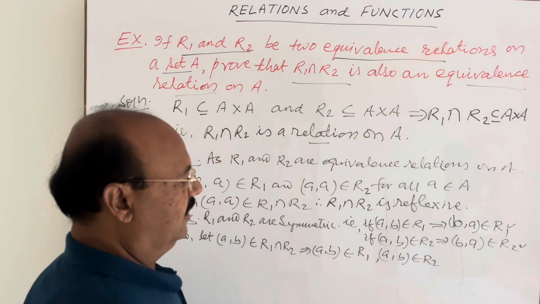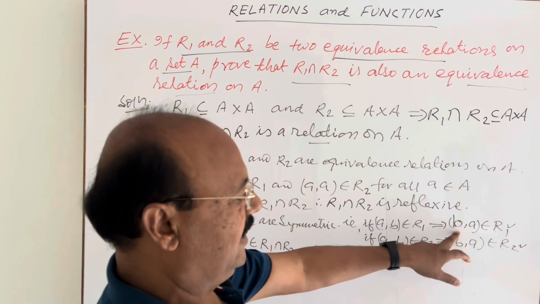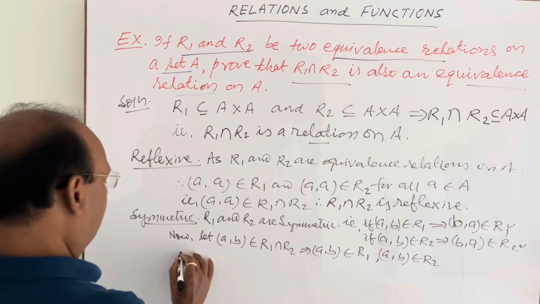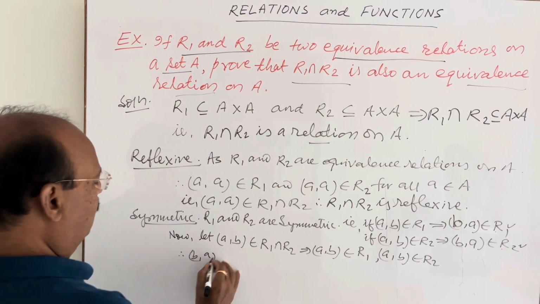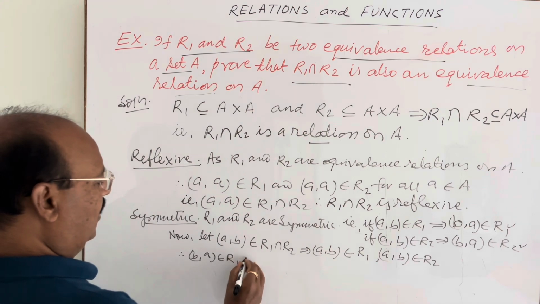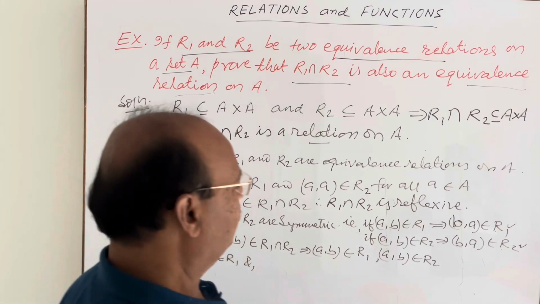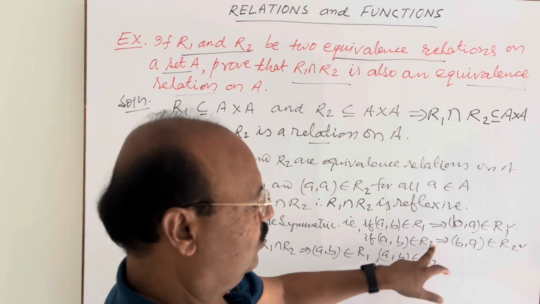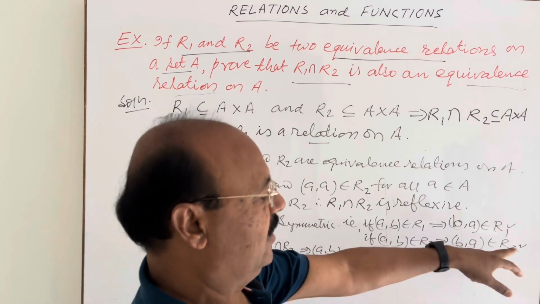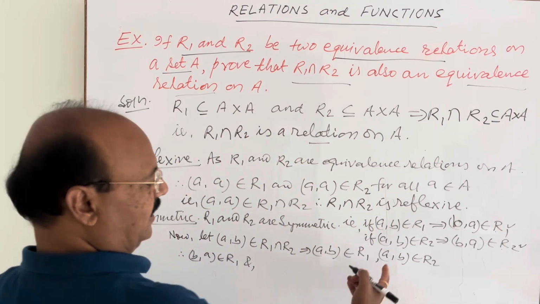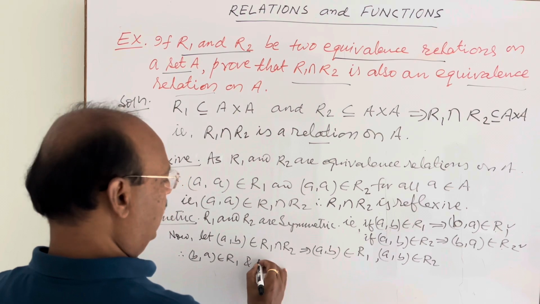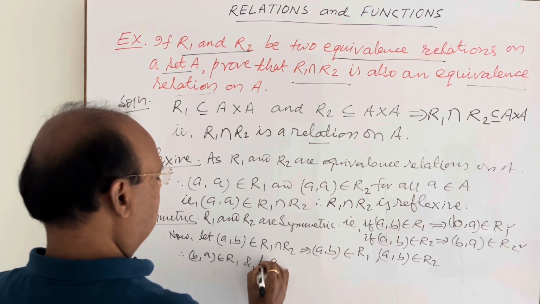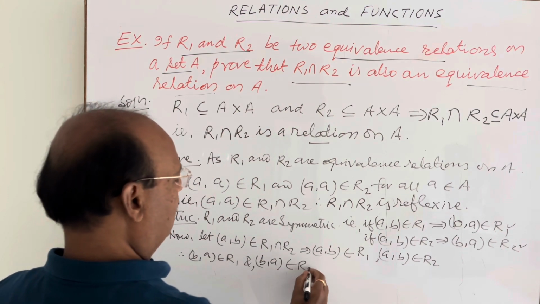Since (a, b) belongs to R1, it means (b, a) belongs to R1, and similarly (a, b) belongs to R2 implies that (b, a) belongs to R2.